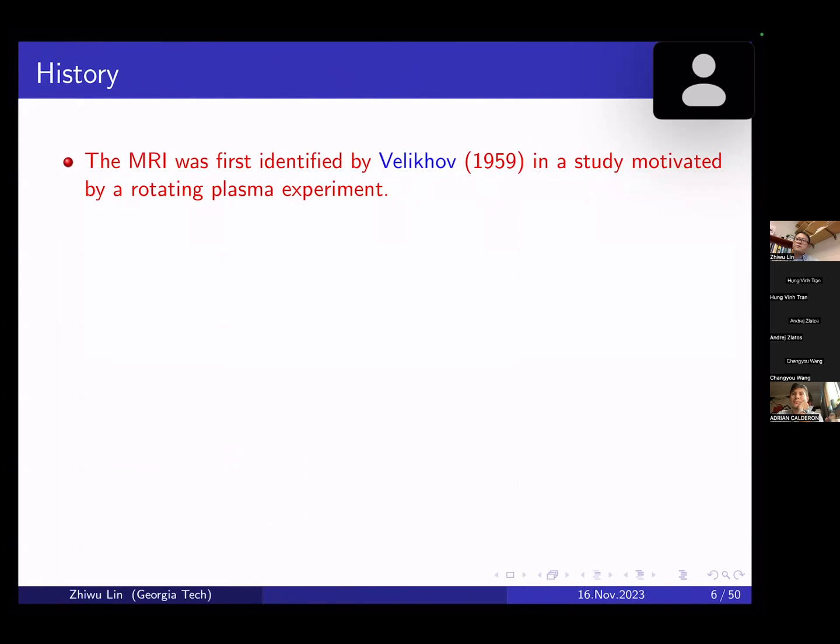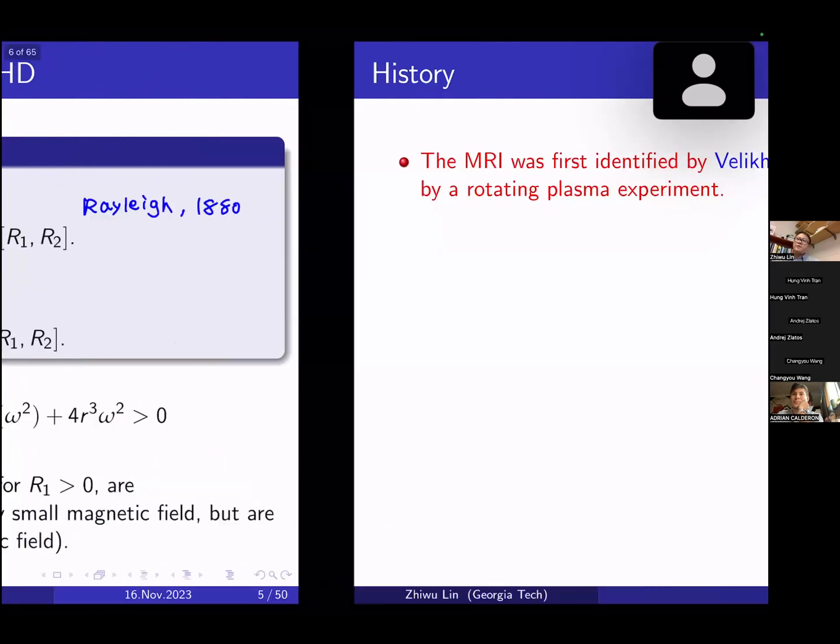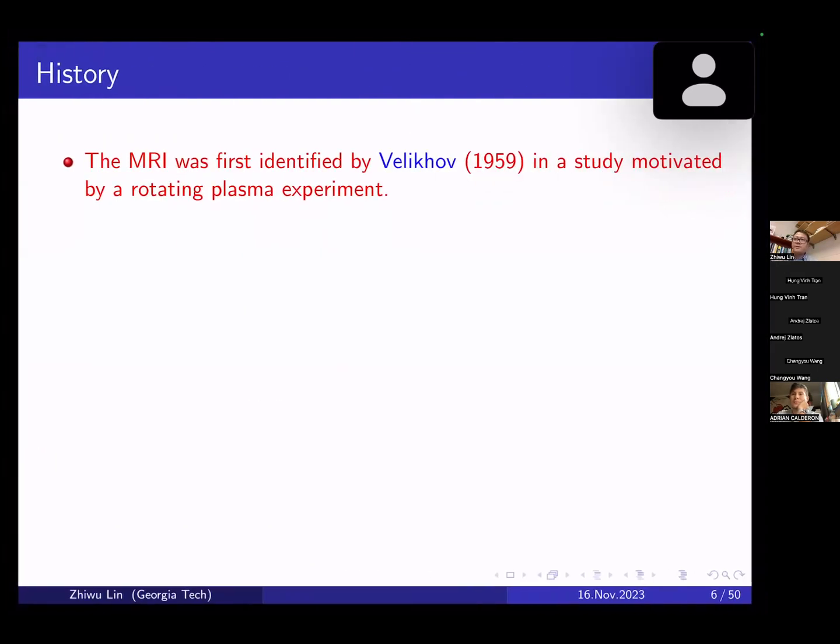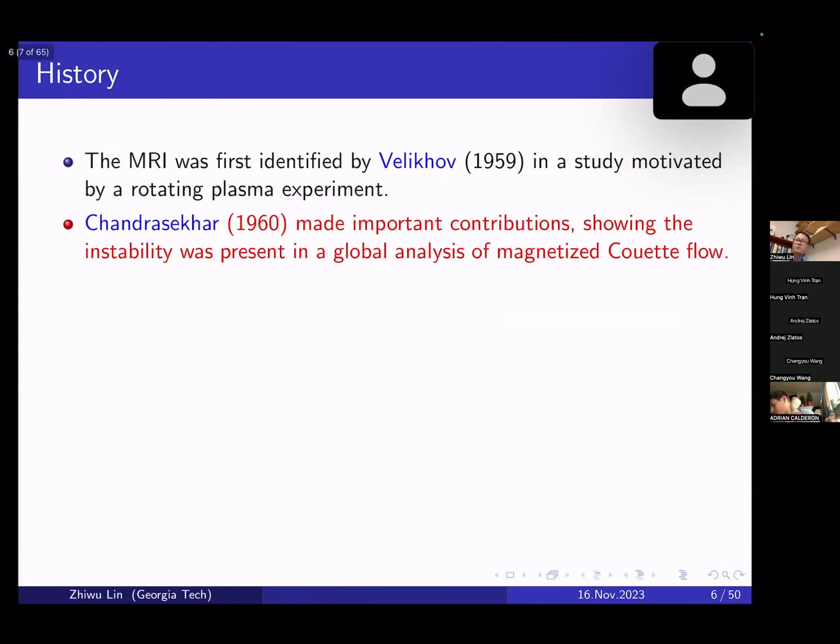Let's talk briefly about some history of this kind of instability. MRI was first identified by two physicists. One is a Russian, Velikhov, in 1959, and the other one is Chandrasekhar in 1960. They found it at about the same time.